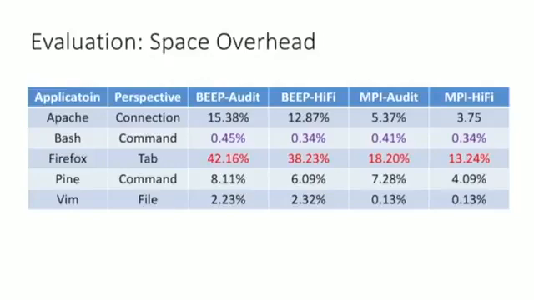So this table shows space overhead. We perform the instrumentation to tell the identifier to the provenance system, like the Linux audit system, where we actually use the kill system call. Those are additional system events.